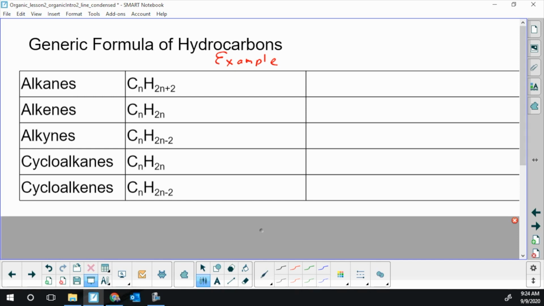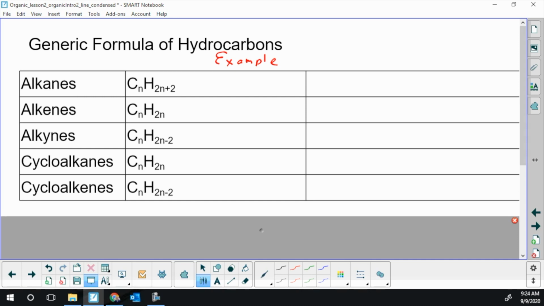The H count will always be double the carbon count plus 2. Now that's coming from all the middle carbons have 2 H's, and then the end carbons have an extra 1 on each end. And this plus 2 adds the extra hydrogen that's on each end, more than 2.